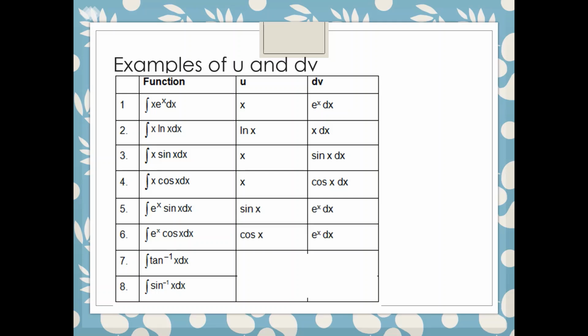The fifth and the sixth integrals consist of E and T. From LIATE, T comes first. Therefore, u is equal to sin x and dv equal to e^x dx for the fifth integral, and u equal to cos x and dv equal to e^x dx for the sixth integral.